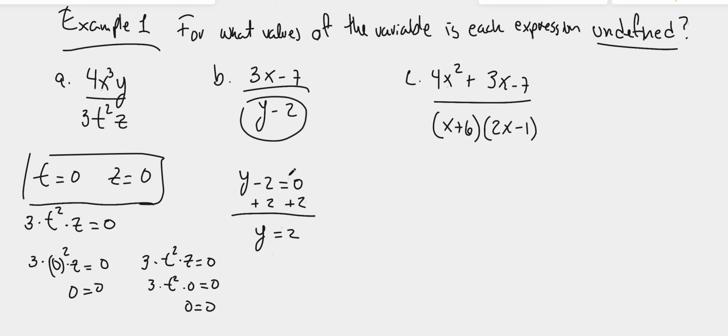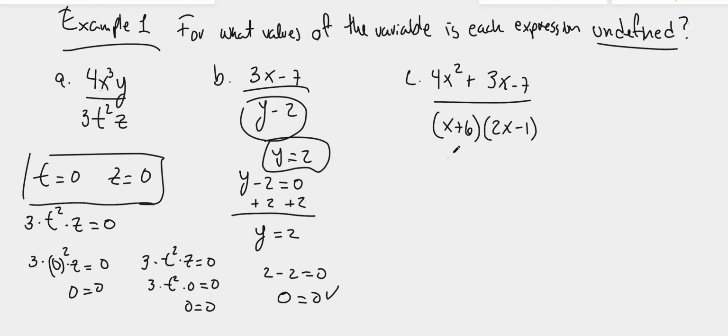We can prove that: 2 minus 2 is equal to 0, and 0 is equal to 0, yes. So if y is equal to 2, then the whole expression will be undefined.